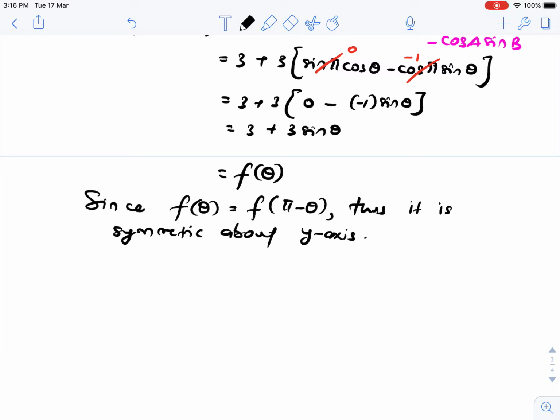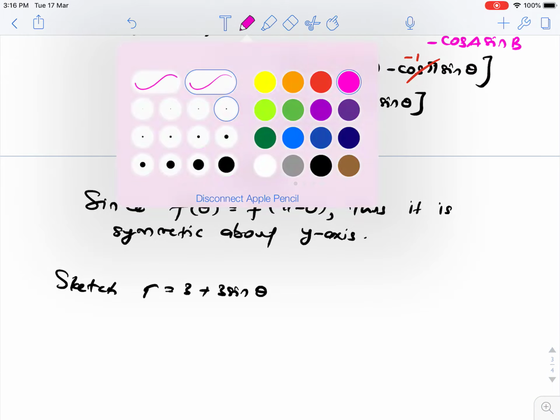Okay, let me show you the symmetric test using a graph. Let us sketch r equals 3 plus 3 sine theta. So this is actually a cardioid, right? We have a cardioid here.